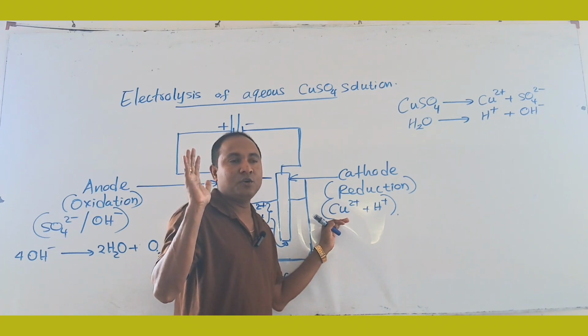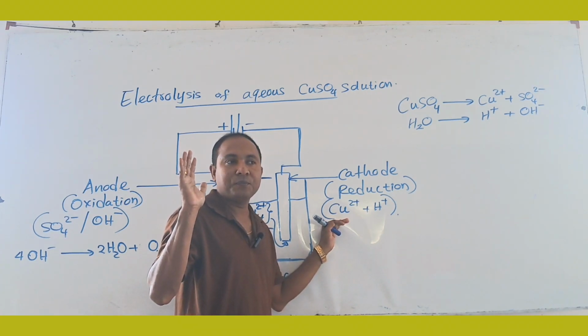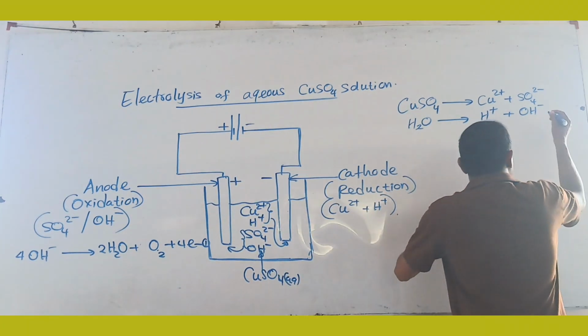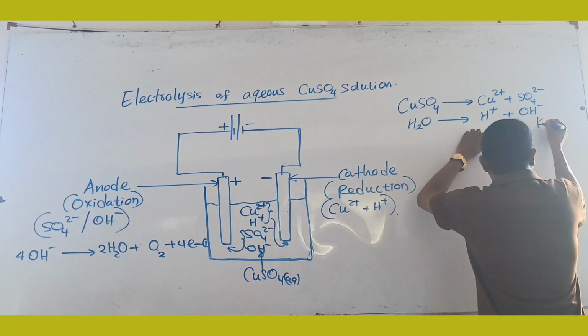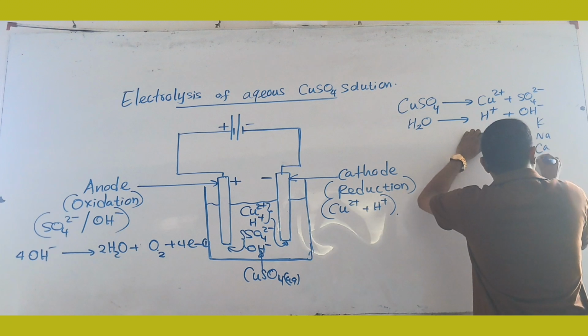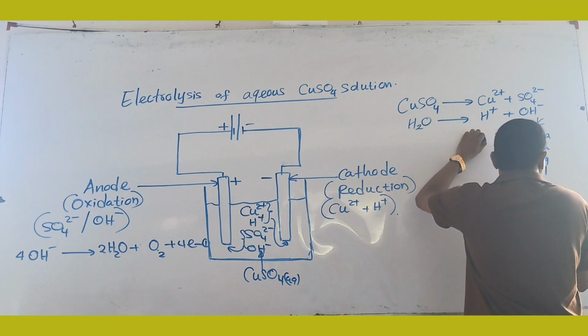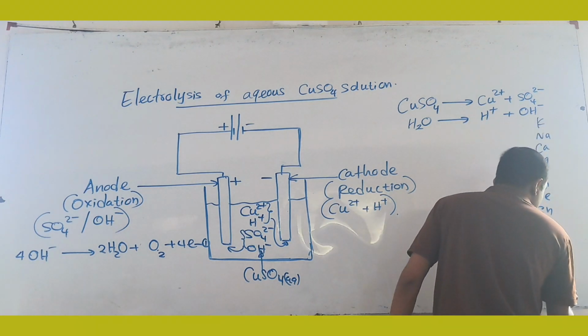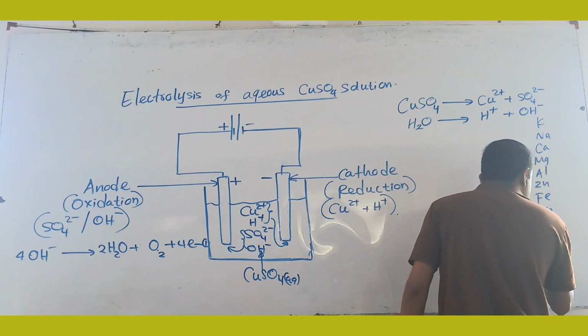Cu2+ and H+. Why? To take the decision, we can use the activity series: potassium, sodium, calcium, magnesium, aluminium, zinc, iron, tin, lead, hydrogen, copper, mercury, silver, platinum, gold.